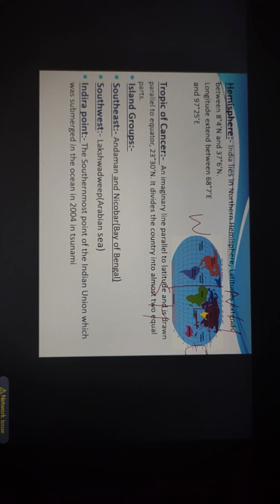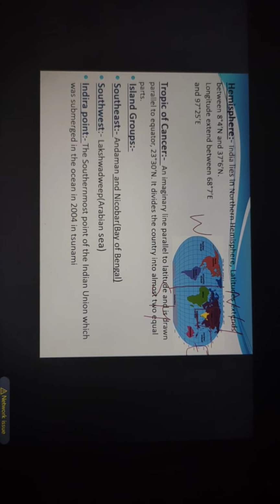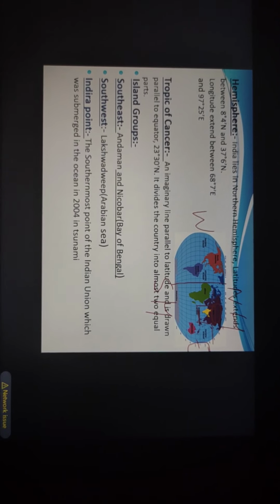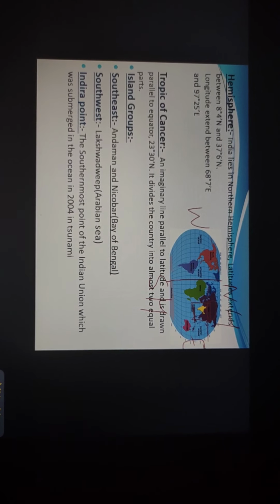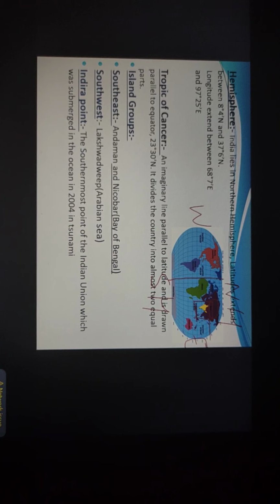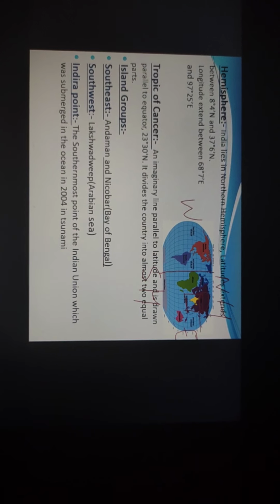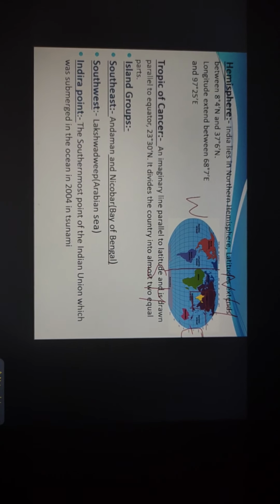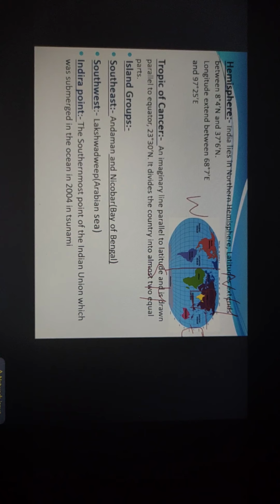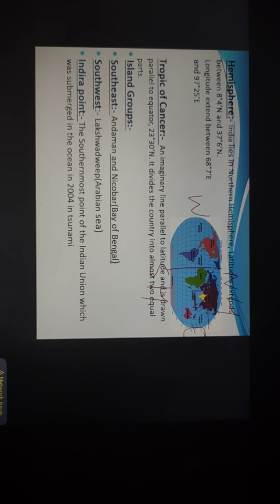Now next, island group. You know that 2 island groups are there. Our India is covered with water from 3 sides. So one island group is in the Bay of Bengal and the second is in the Arabian Sea. In the southeast part, the Andaman and Nicobar island group is situated in the Bay of Bengal, covered with the water of the Bay of Bengal.